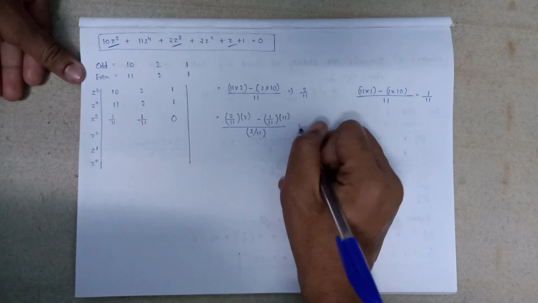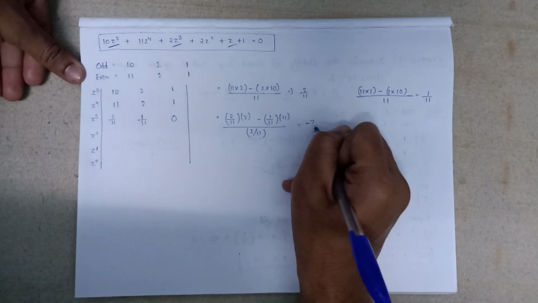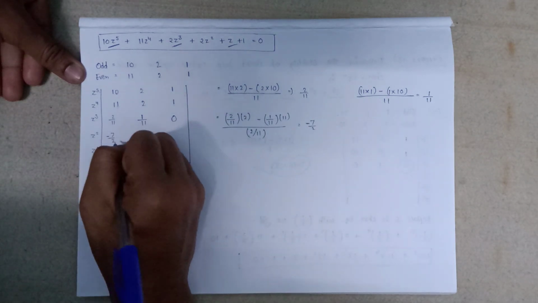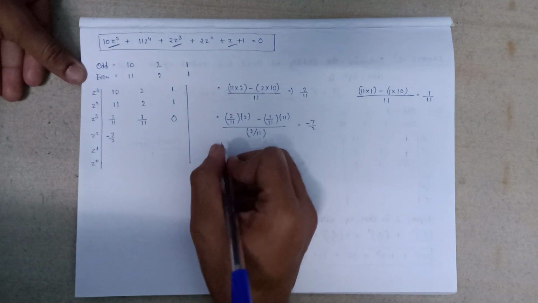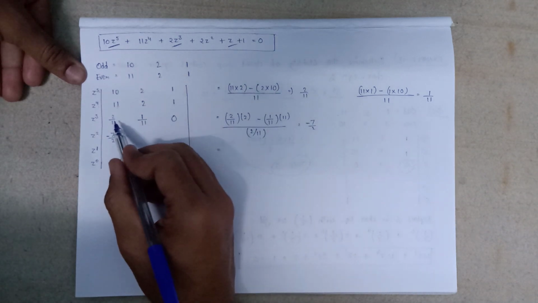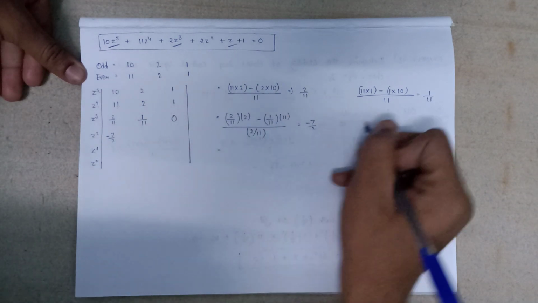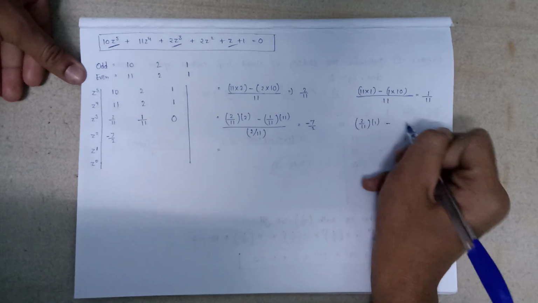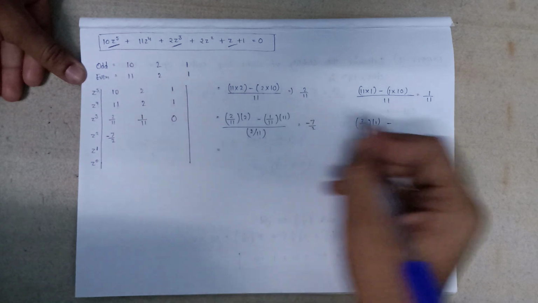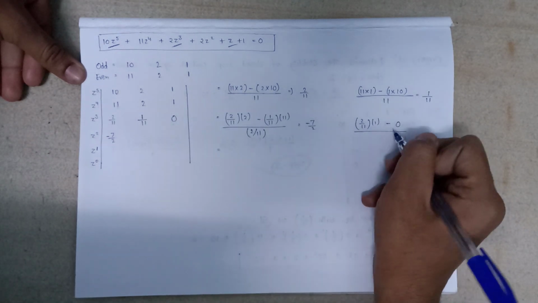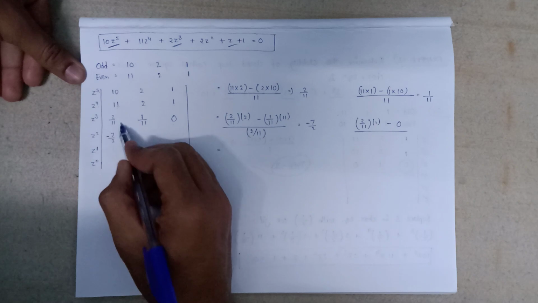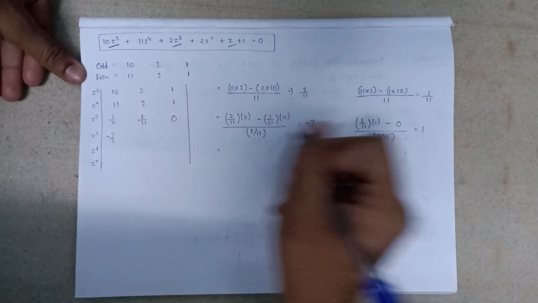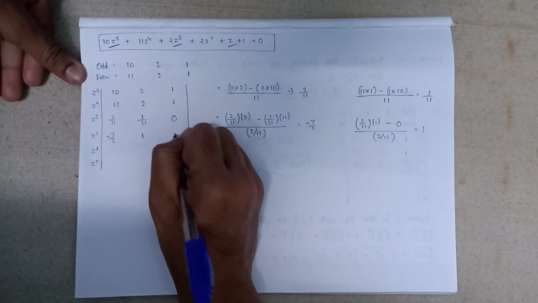So we will get minus 7 by 2 as output. After this, 2 by 11 multiplied with 1 minus 0 multiplied with 11, so the result will be 0. After this the whole thing will be divided by 2 by 11, so we will get 1 only and the remaining is 0.